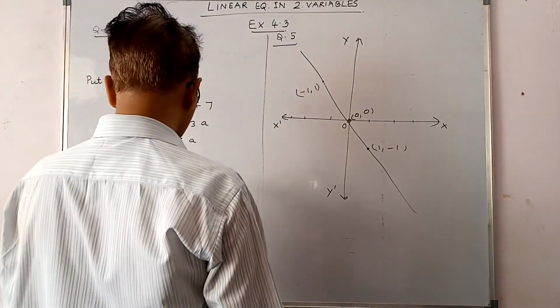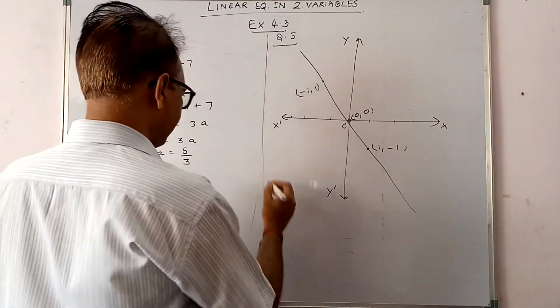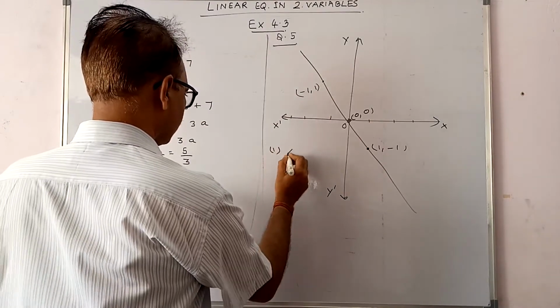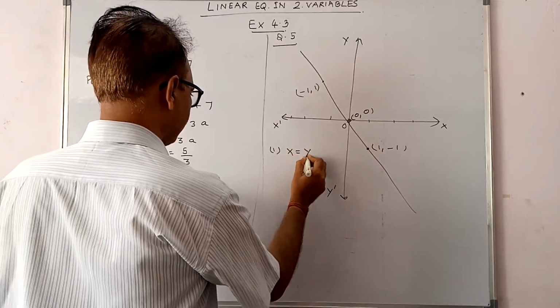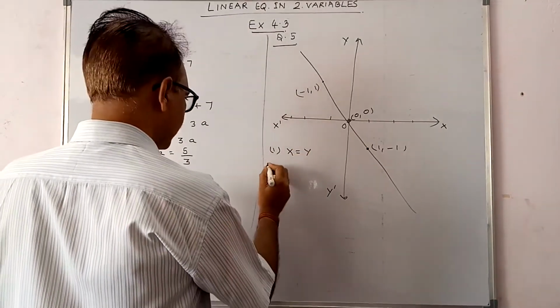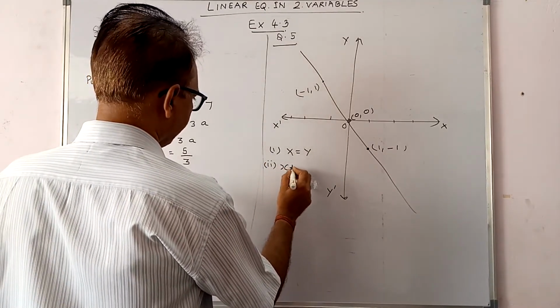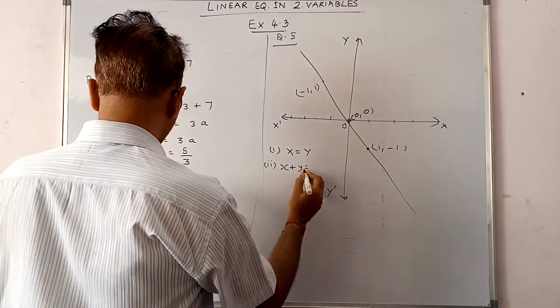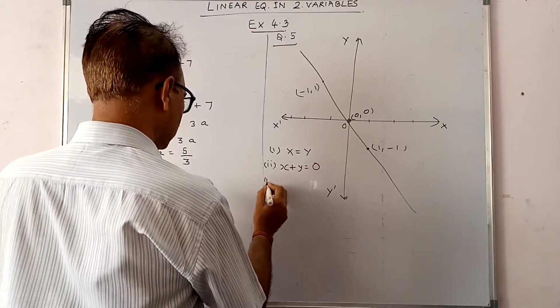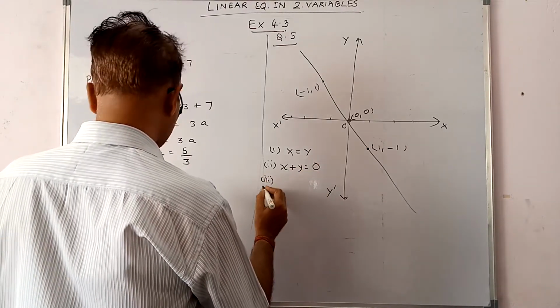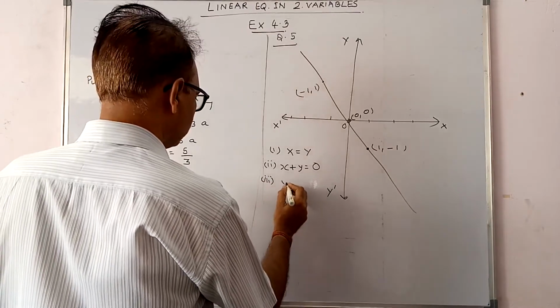Now, four options are given. First option is x = y. Second option is x + y = 0. Third option is y = 2x.